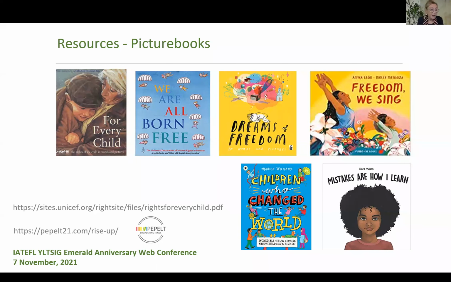And the final one, Mistakes Are How I Learn, by Kiara Wilson. It's independently published in 2021. It's a rhyming story that involves social emotional learning and helps children develop resilience. This helps children understand that they're not alone when facing defeat.